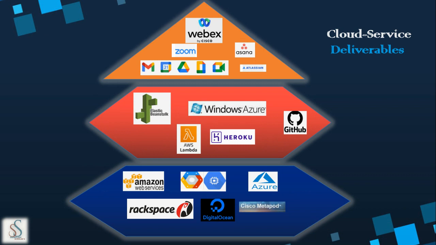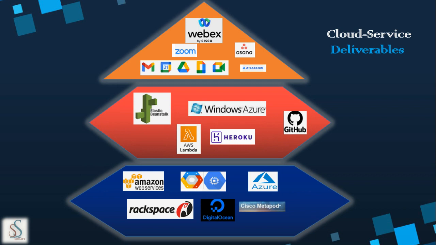These are a few examples: WebEx, Zoom, Google Sheets, Google Photos, Picasa, Gmail, Atlassian, which is a website where your company can have all the related documentation and share it with a wider audience.